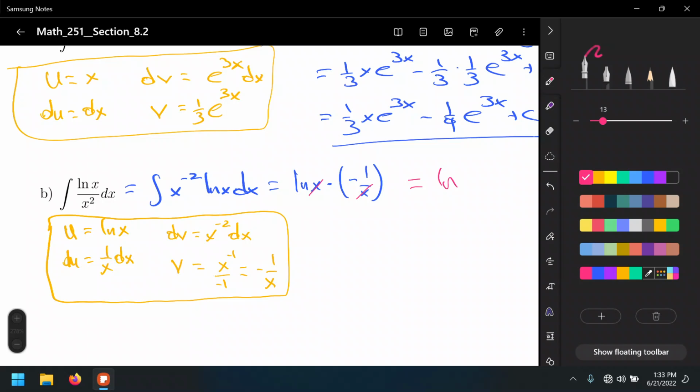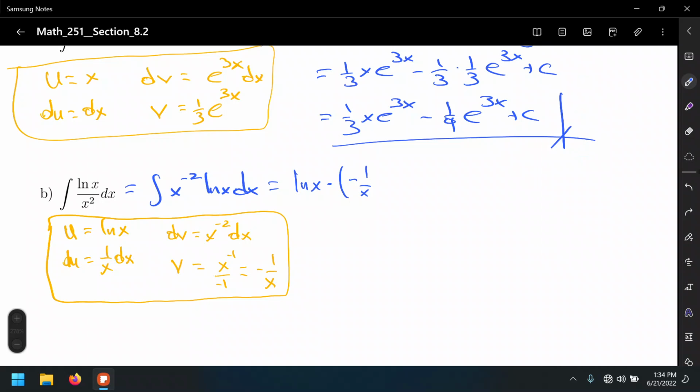And the reason why we cannot do this cancellation is because the x inside of the absolute value, or the argument of the natural log, well, it's protected by those parentheses or absolute value, depending on the case. So we can't cancel that one. Minus the integral of v, which is again negative 1 over x, du, which is 1 over x dx.